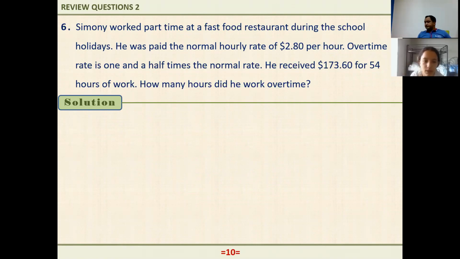Can you read it? Yeah. Simony worked part-time at a fast food restaurant during the school holidays. He was paid the normal hourly rate of $2.80 per hour. Overtime rate is 1.5 times the normal rate.